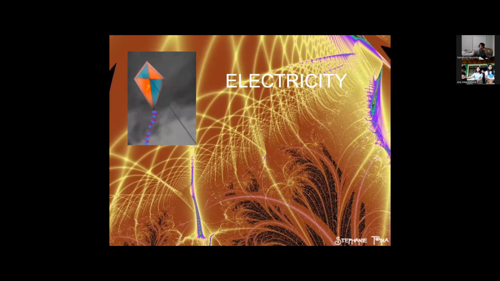Electricity is like the foundation of how all of our technology works, in our phones, in our computers. It's the foundation of how we transfer currents to produce power and create different types of machinery and further enhance different types of engineering.